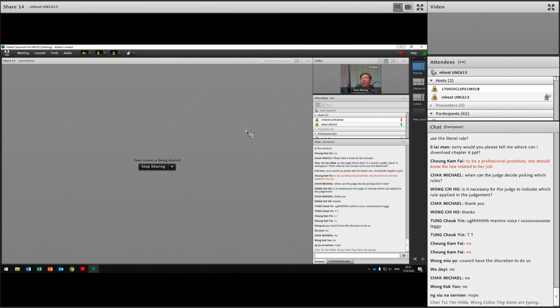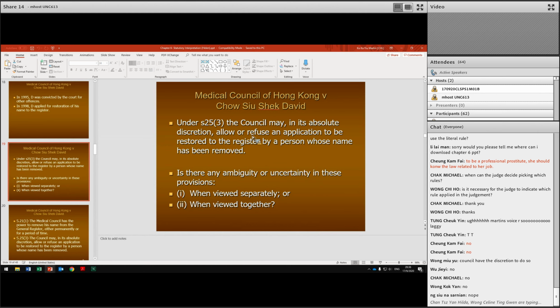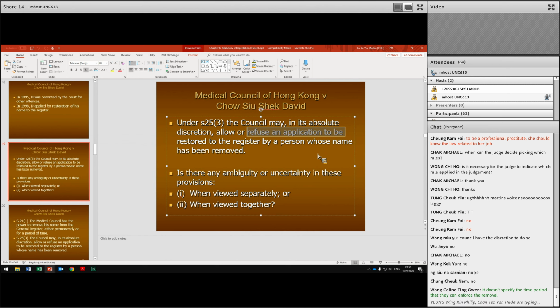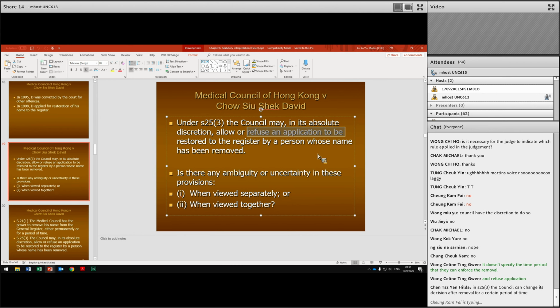But the problem is, if the council has the discretion to refuse an application, what does it mean? For example, if the removal is 3 years, on the expiry of the 3-year period, when the doctor wants to resume his medical practice, the council said, no, sorry.